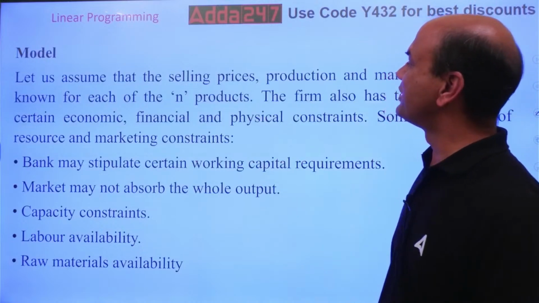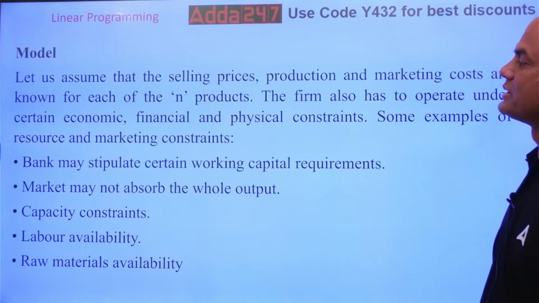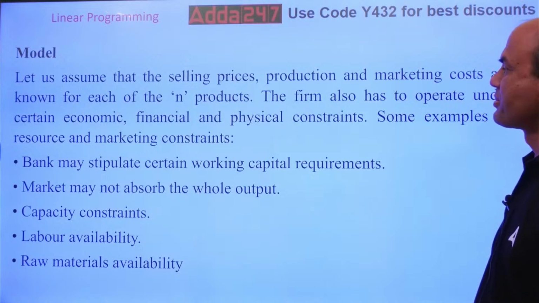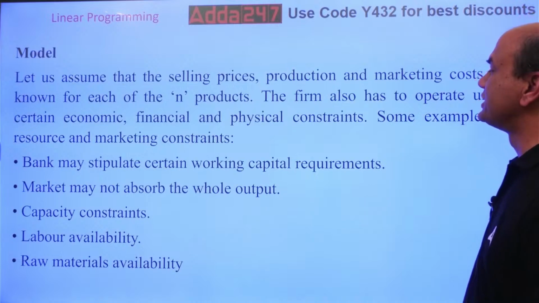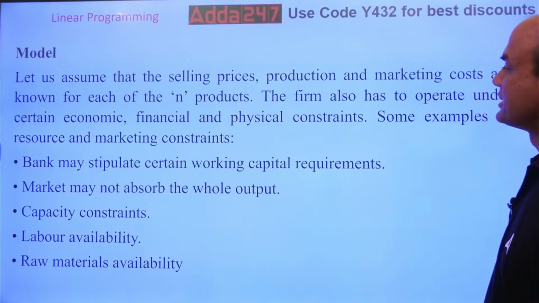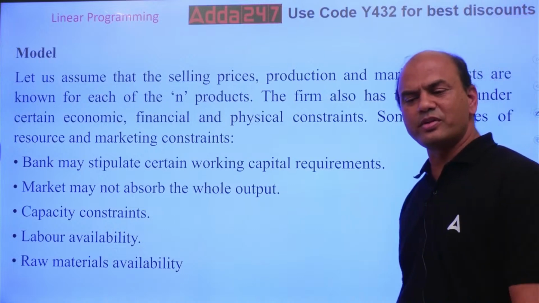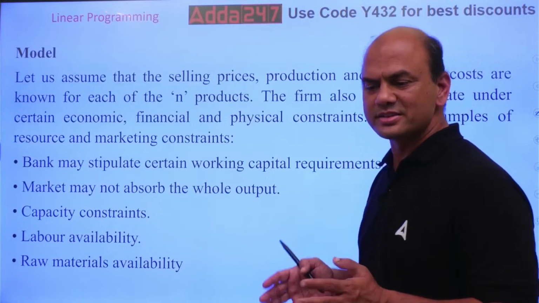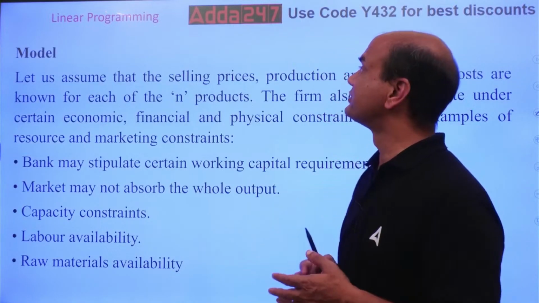Let's assume that the selling prices, production and marketing costs are known for N products. The firm also has to operate under certain economic, financial and physical constraints. Some examples of the resources and marketing constraints. So constraint means limitations.